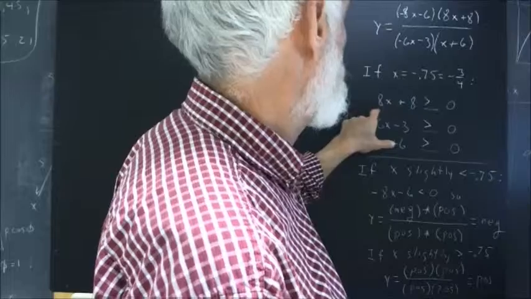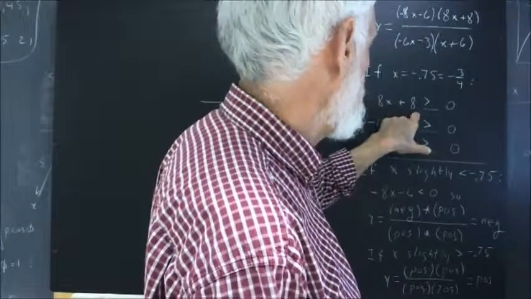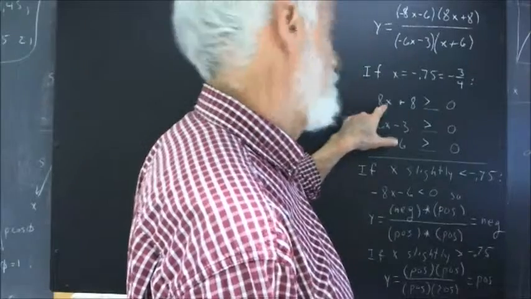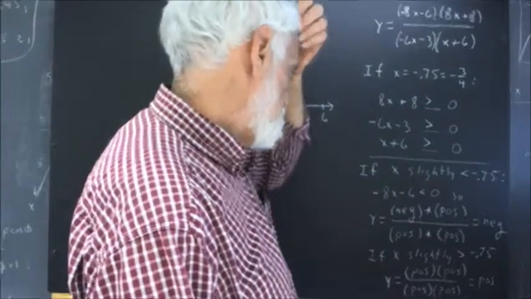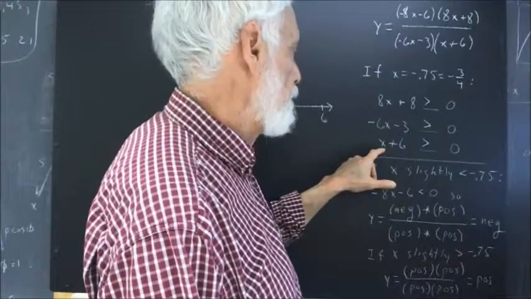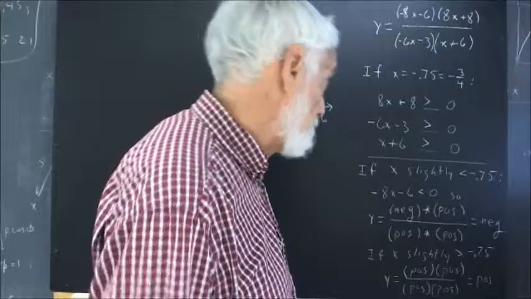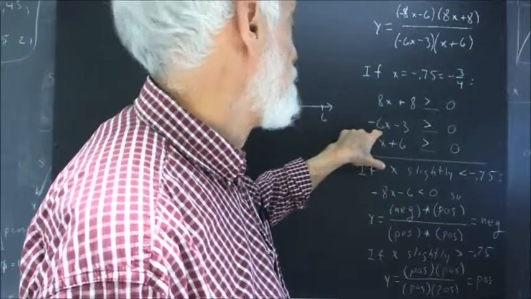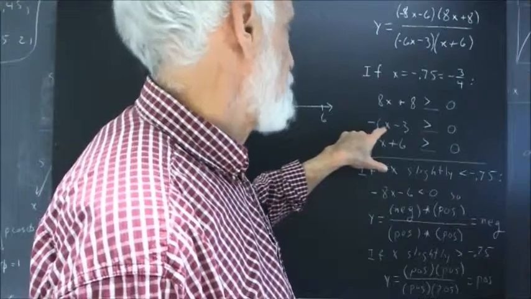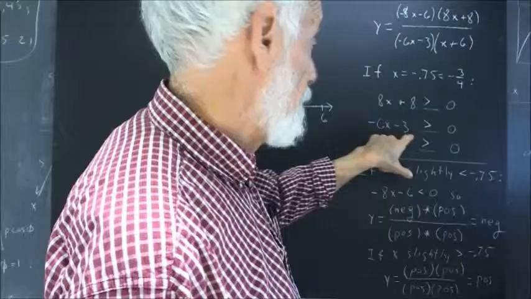Negative 3/4 of 8 has a magnitude less than 8, so the 8 is going to be bigger than the negative 6 you're going to get from this. That's going to make this one greater. This one is clearly greater. Negative 3/4 isn't nearly as big as 6, so the 6 is going to dominate and make this positive. And this one, if you do it, 3/4 of 6 is 4.5. So if x is negative 3/4, this is going to be positive 4.5.